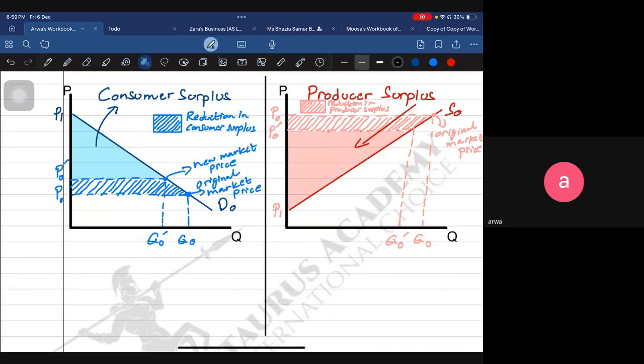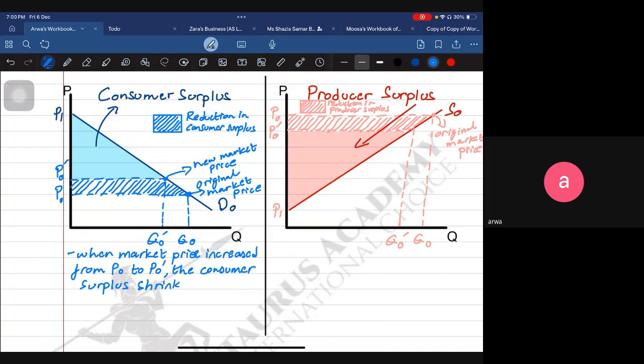Okay. So when the market price increased from P naught to P naught dash, the consumer surplus shrank, right?